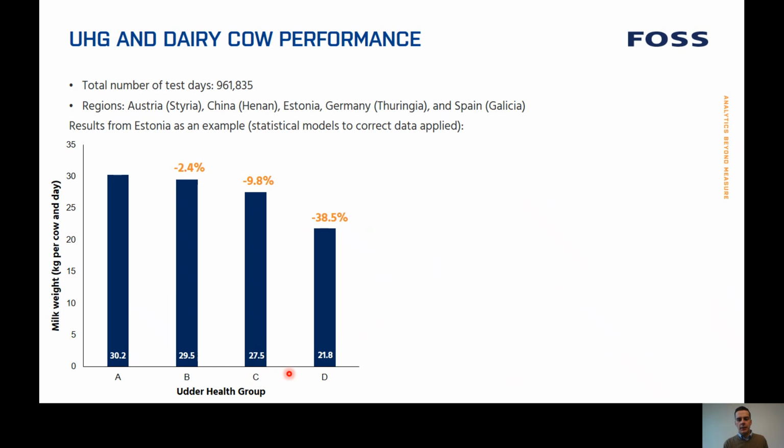But what is really interesting here is that there's a huge difference in terms of cows being in group C or D, with the cows in group D having an almost 40% lower performance than cows in group A. The explanation for this difference is most likely that cows in group D have chronic infections, and if cows have chronic infections, the bacteria often destroy the milk producing tissue, and thus there's simply less milk producing tissue available to produce milk.